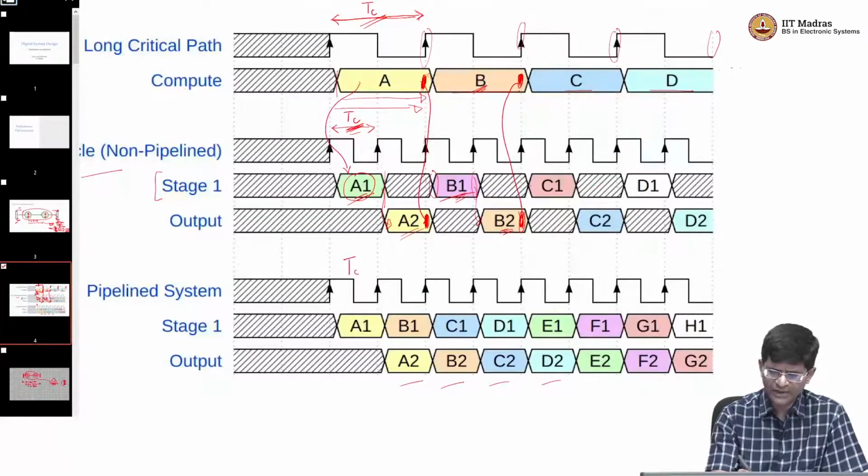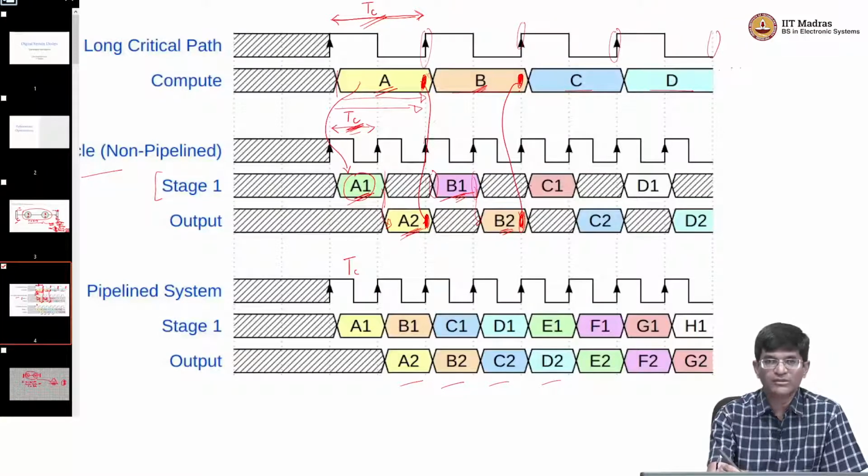In this diagram, when I mention A1, what I mean is the partial computation required for computing this final value A. Whatever has been computed in A1 is passed on to stage 2, where a further computation happens, and whatever I get as A2 is whatever would have normally come out through the combinational logic directly as A.